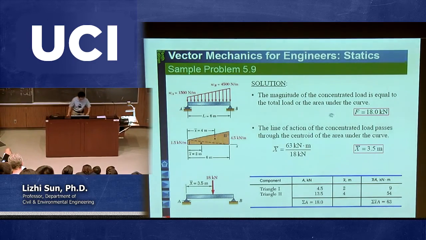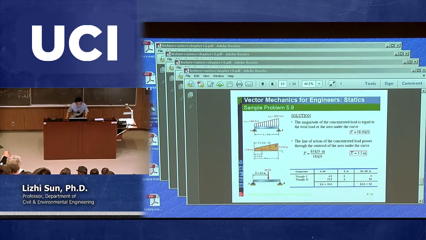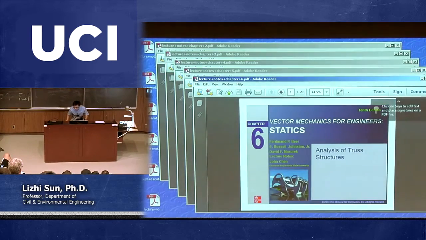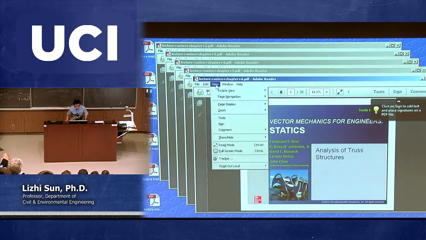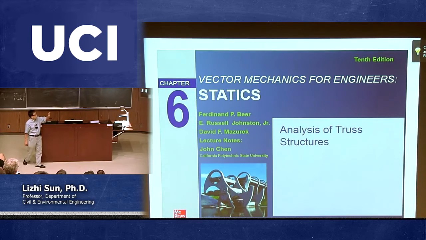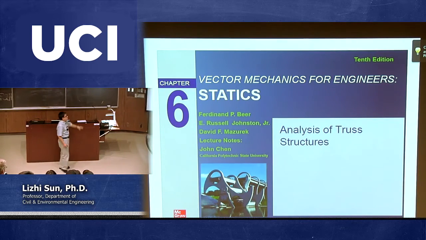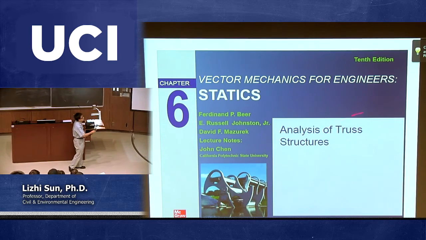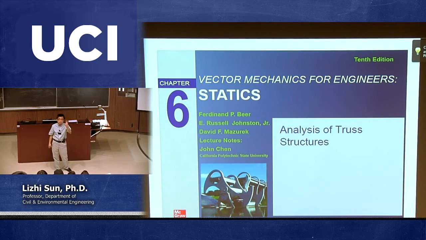Now we are moving to chapter 6. Chapter 6 talks about applications, right? From chapter 4, basically we talk about a specific special structure that's called a truss. In order to solve internal forces with a given truss, you have 2 methods.